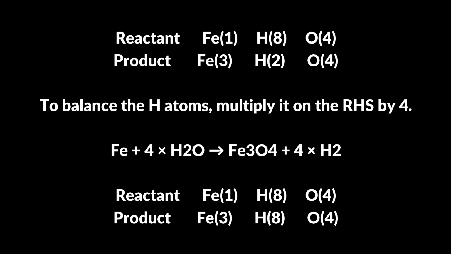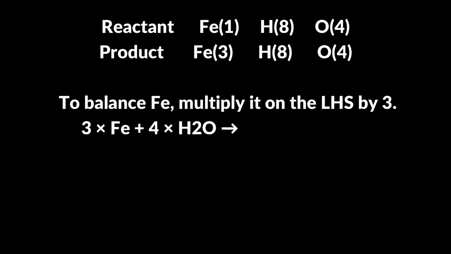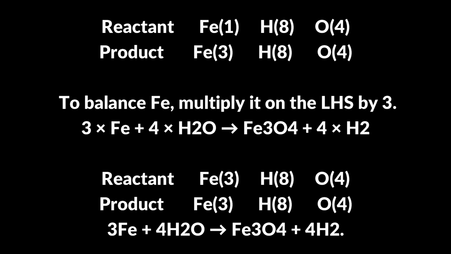So that gets balanced there. Now the oxygen and hydrogen atoms are balanced, but the iron is not. To balance it, multiply the iron on the left hand side by 3. Now the number of atoms of each element becomes equal on both sides. So the final equation becomes a balanced equation. That is the process to balance an equation.